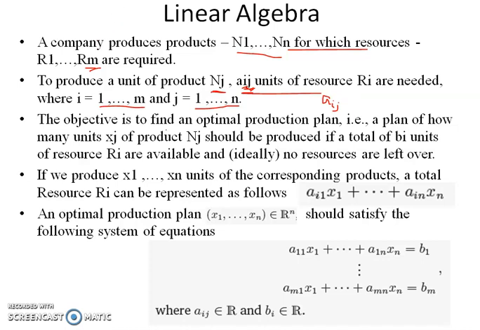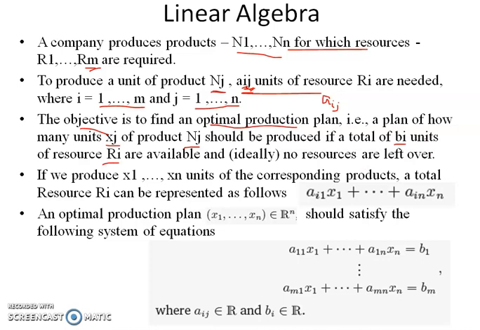The objective is an optimal production plan, that is, a plan of how many units xj of product Nj should be produced if a total of bi units of resource Ri are available and no resources are left over.